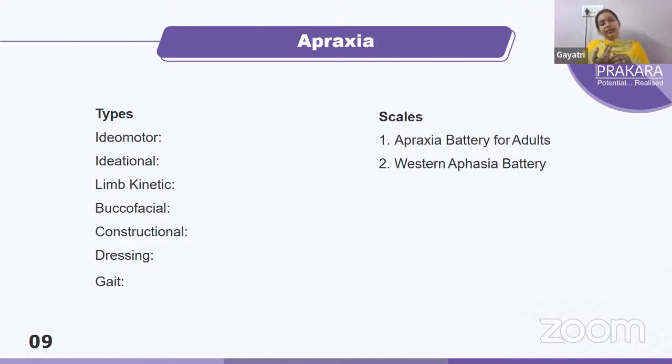Limb kinetic apraxia is where a patient cannot perform automatic activities with the limbs. For example, if I'm eating something, and then the spoon falls into the bowl, what do I do? I naturally pick it up.